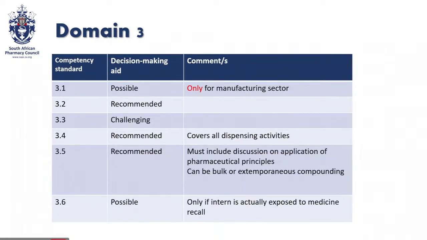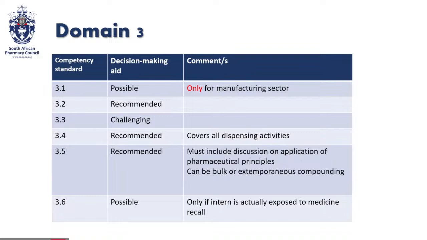Domain 3, the recommended ones is 3.2, 3.4, and 3.5. Possible to do 3.1 if you're in manufacturing, then you can do that because it's got to do with line clearances and line openings. 3.6, we had a few interns that have attempted 3.6, but there's just 3 behavioral statements, so you need to provide evidence for all of them.